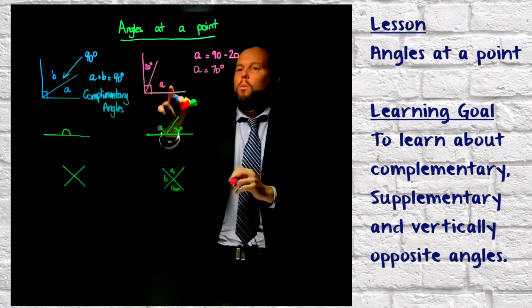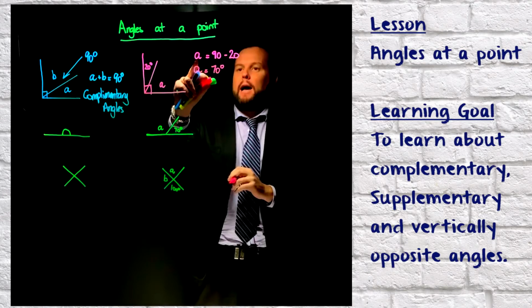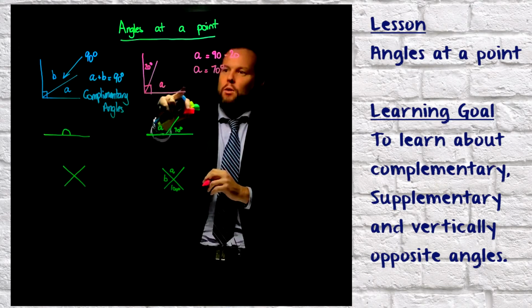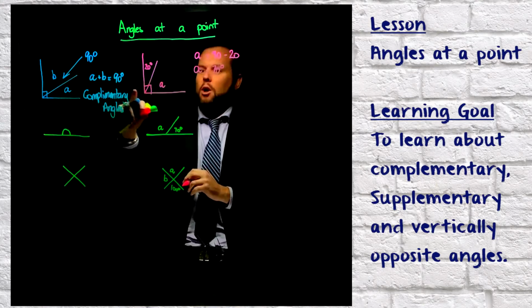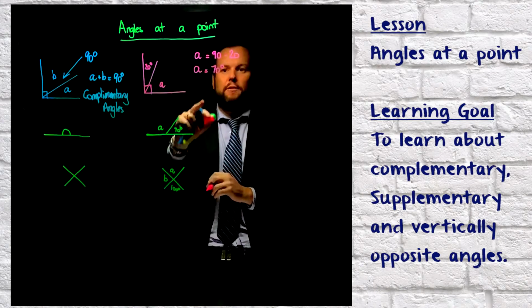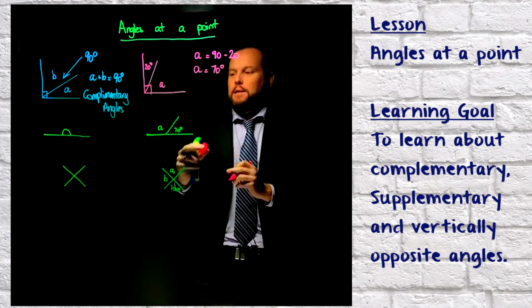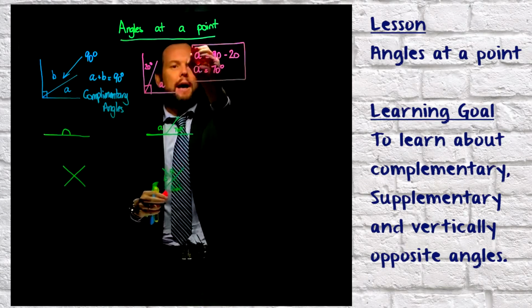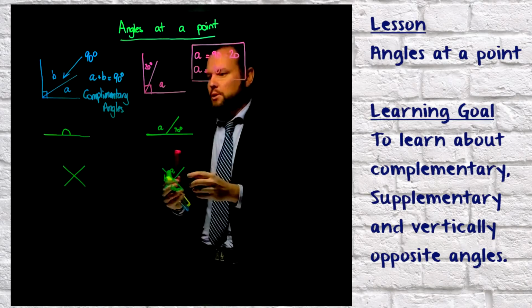And the reason why we know that A is going to be 90 take away 20 is because this is a right angle here, okay? And because they're complementary angles, we can find out the value of that A to equaling 70 degrees. And this is how you would need to set that out, okay? That's really important to know.